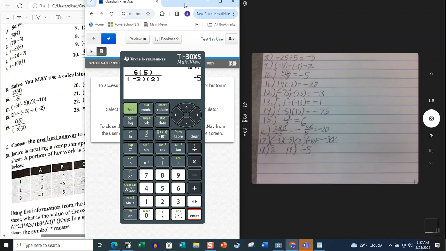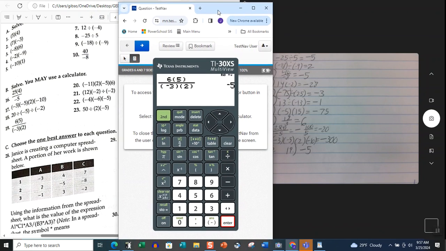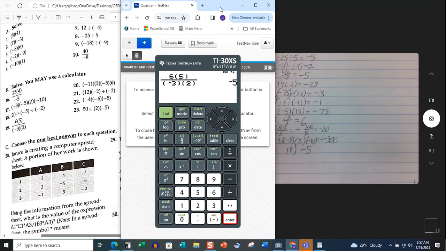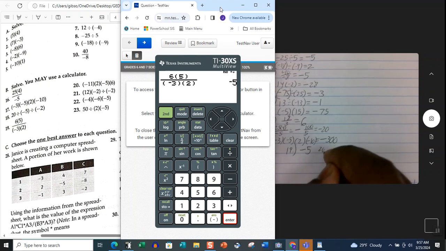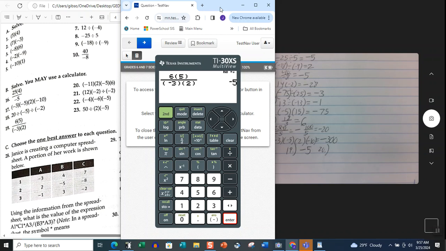Now let me move this over a little bit. Okay, this is good. So 20. So problem 20, we could tell we got 2 negative signs here. So that means our answer is going to be positive. So now we can put this in our calculator.